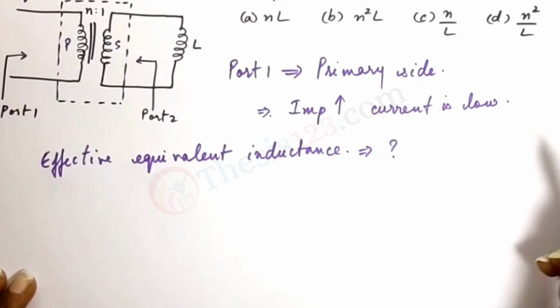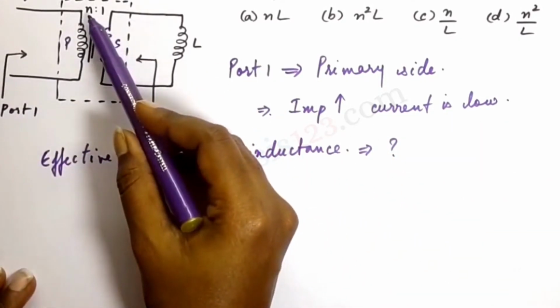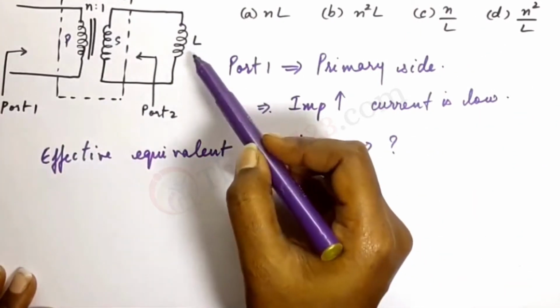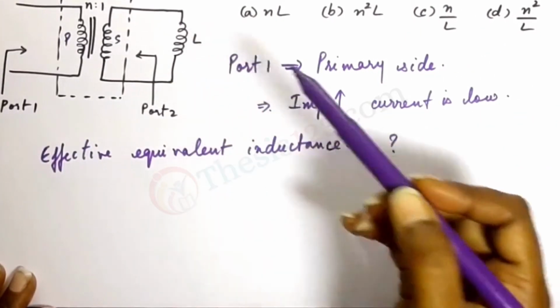So we need a relation between the ratio given over here, the number of turns, and the load inductance given over here.